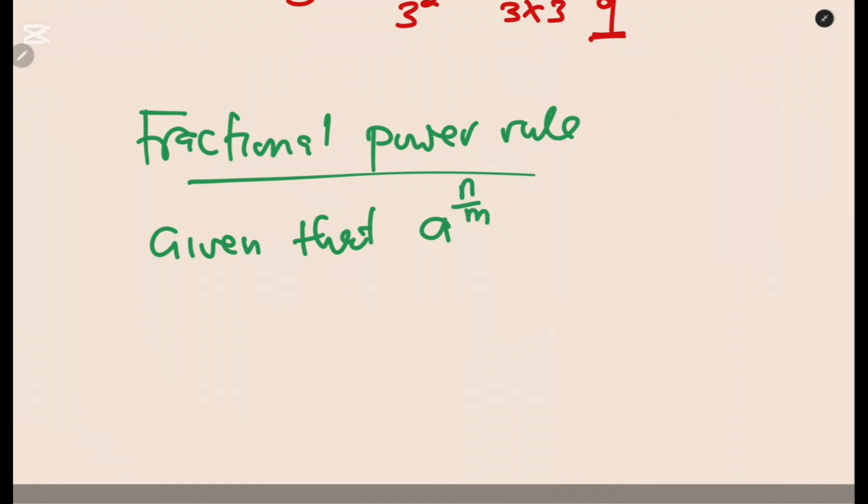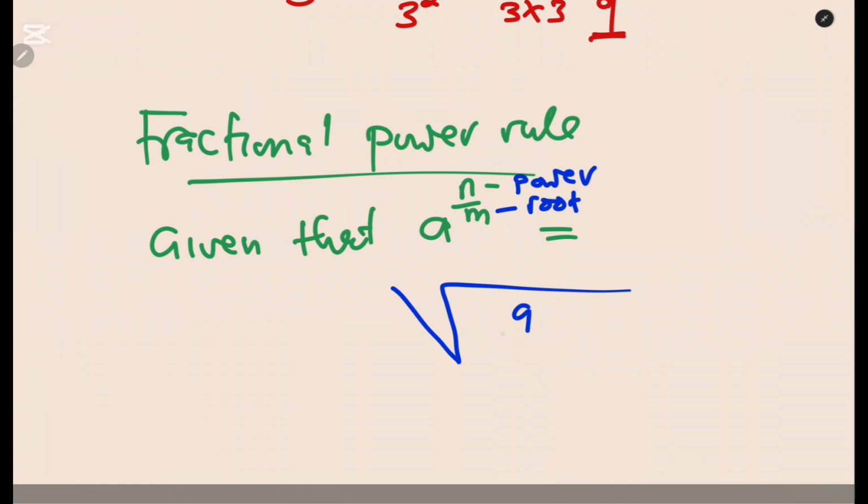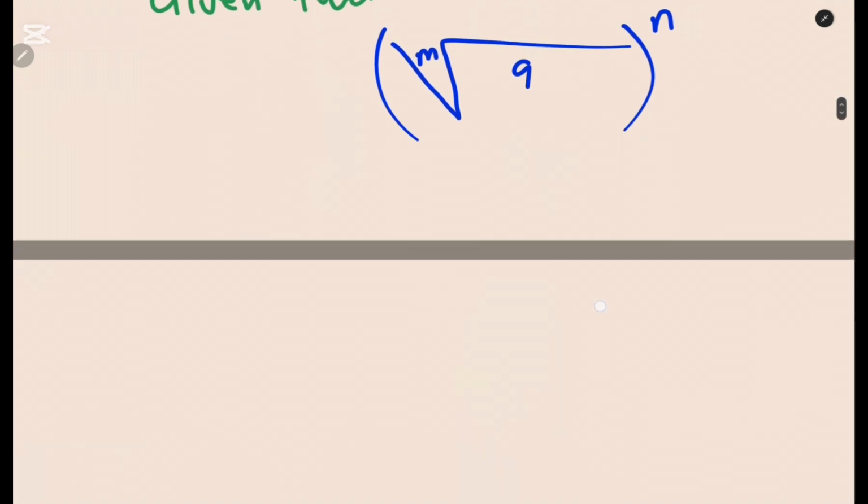So when you are given a number raised to a power which is a fraction, how do we write this one? The number on top is the power, and the number at the bottom is the root. What do I mean? This is written as the m-th root of a, then to the power n. Okay, so that is how you write it.